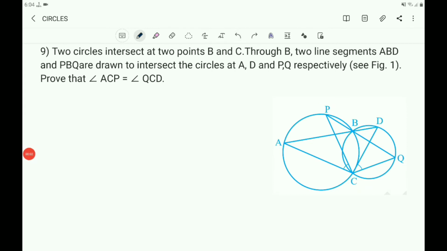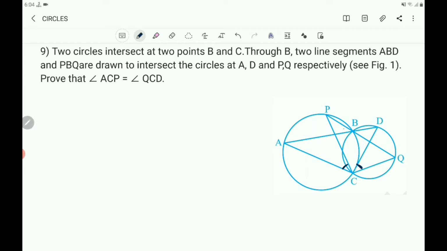So we have to prove that angle ACP equals angle QCD. That you have to prove. Now how can you prove this?